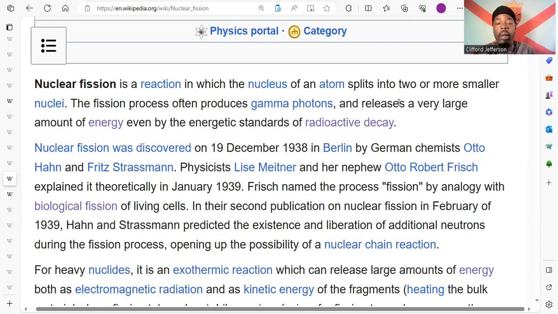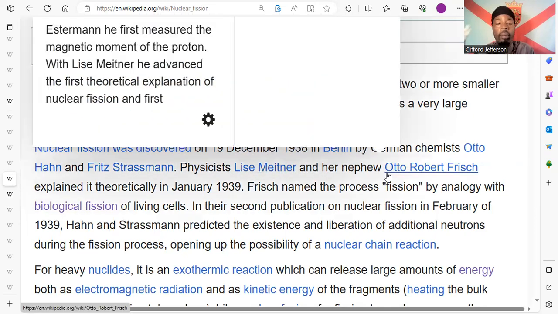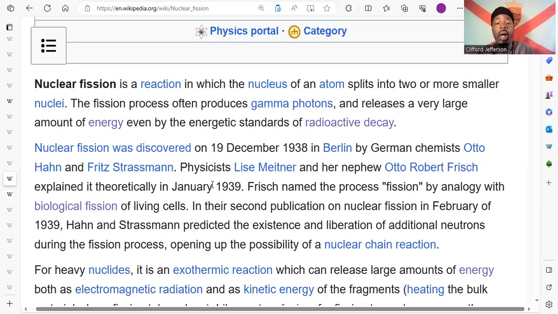It says here, physicists Lise Meitner and her nephew Otto Robert Frisch explained it theoretically in January 1939. Frisch named the process fission by analogy with the biological fission of living cells. Once again, nuclear fission is analogous to biological fission of living cells.